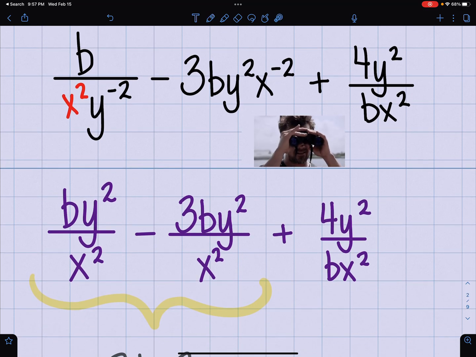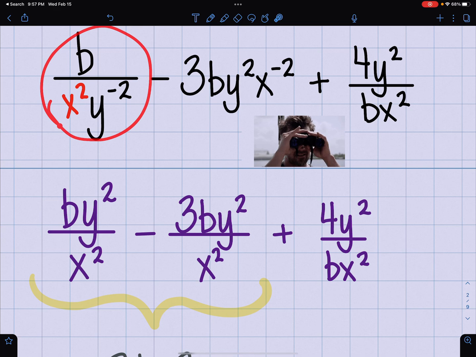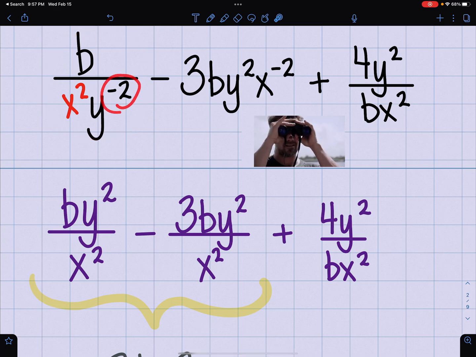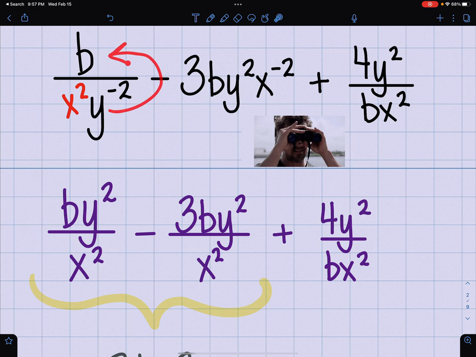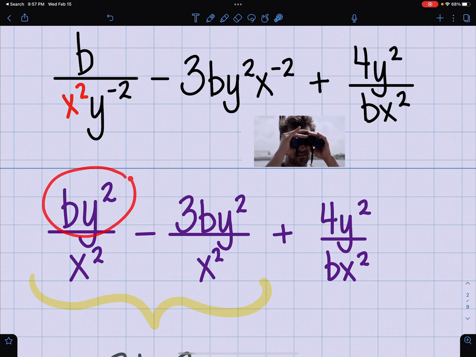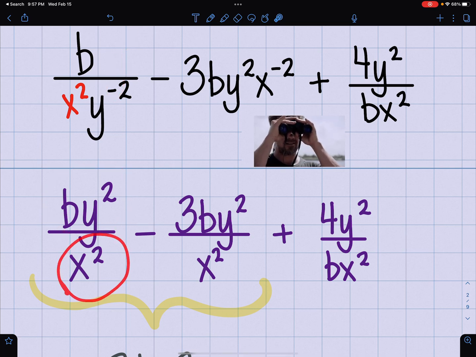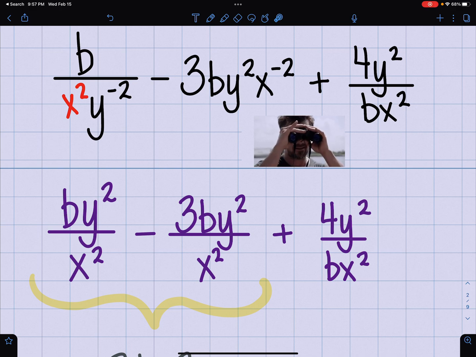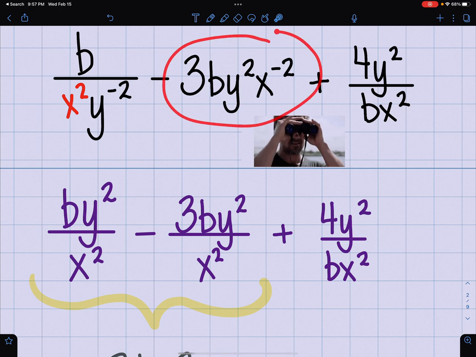So I'm going to take this whole thing and rewrite it so that the exponents are all positive. All you have to do, easy peasy, move that y to the top and change the sign of the exponent. Okay, so that becomes by squared over x squared. Okay, and then let's look at the middle term now.